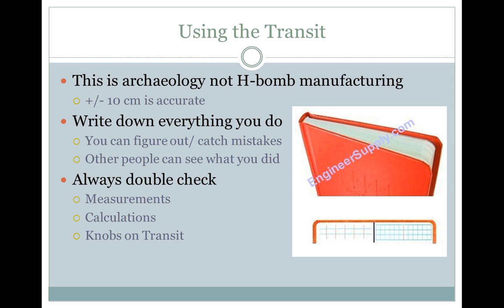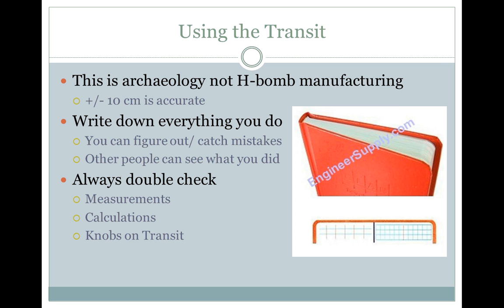And then when you're writing down everything, this means you're writing down what the weather was that day, because the heat waves will affect the accuracy of the telescope, the people who are helping you, so that they might be referenced later on and can be asked questions if you're not around, the points you used, the measurements you took, and any calculations that you made, where you placed points, any trenches that you established, and any relative objects to help allow people a rough idea of where you were without using a transit.